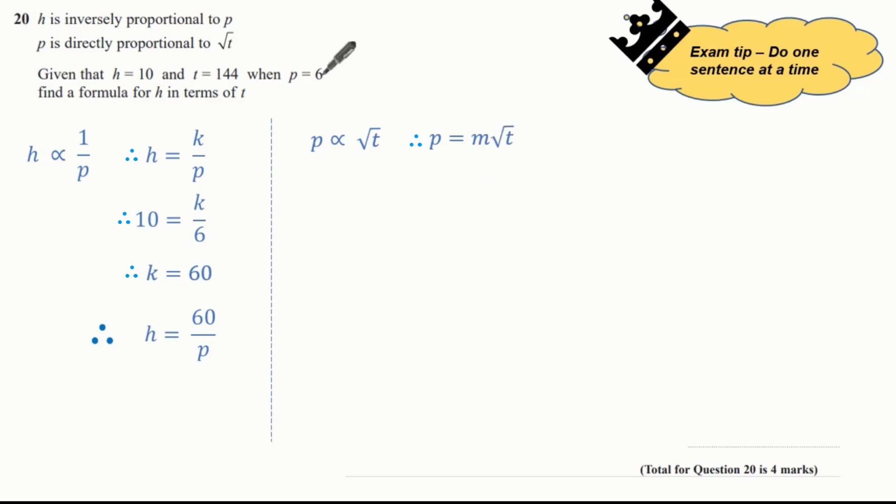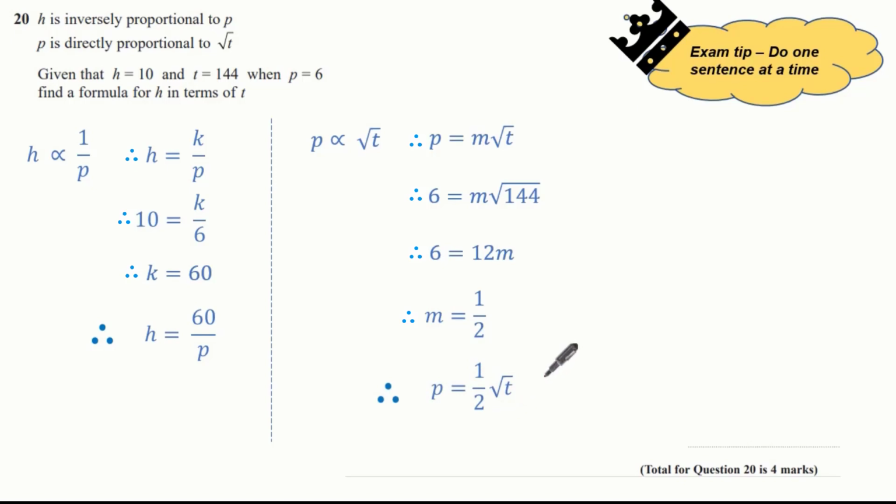From the question, when p is 6, I know t is 144. So I have 6 equals m root 144. I know the square root of 144 is 12, so that means 6 equals 12m. I can work out m now to be a half. So now I have my next formula, where I know p is equal to 1/2 root t.